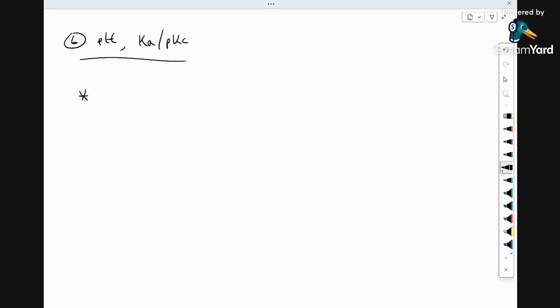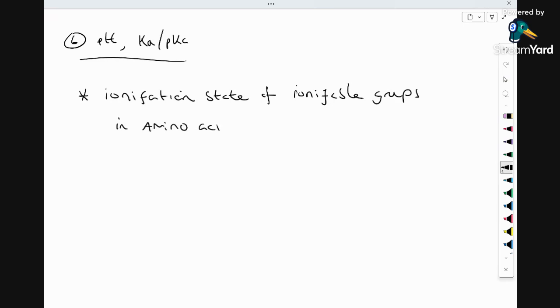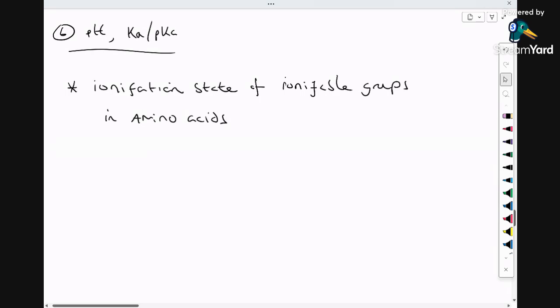We said that the ionization state of ionizable groups in your amino acids depends on pH. In other words, whether you're protonated or deprotonated, that's what we kind of mean by this.